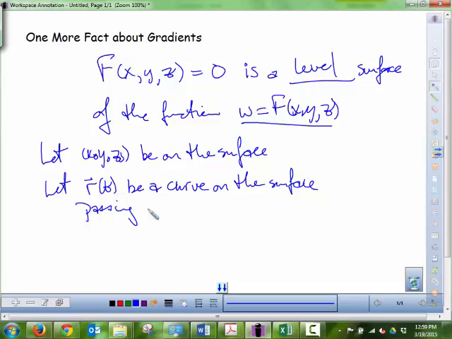And we want the curve to be passing through the point x naught, y naught, z naught. And just for simplicity's sake, we'll let it pass through at t is equal to 0. That part doesn't really matter, but we'll assume that.